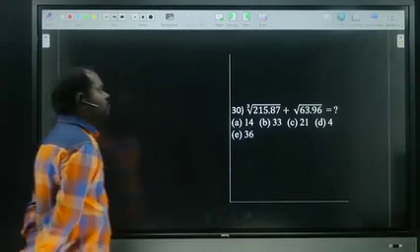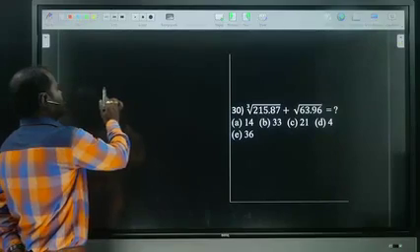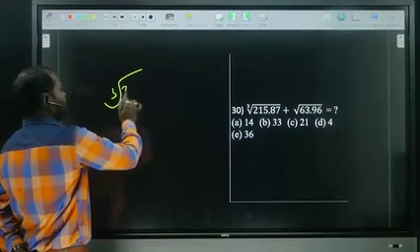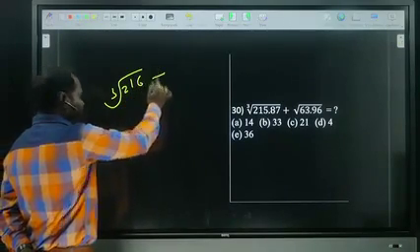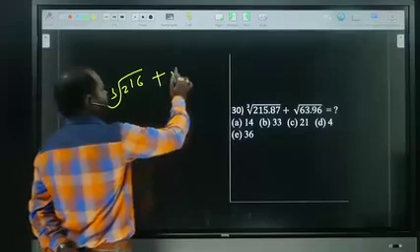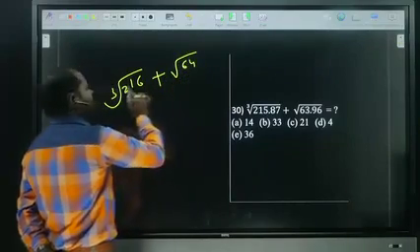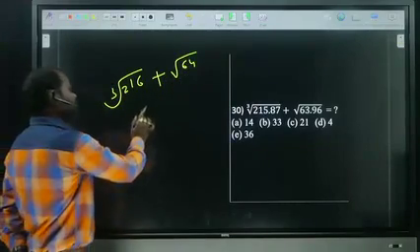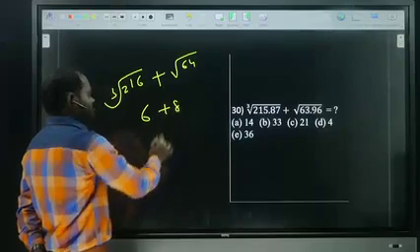What is the cube root of 216? Cube root of 216 plus square root of 64. 216 is the cube of 6. 64 is the square of 8. 6 plus 8 is 14.